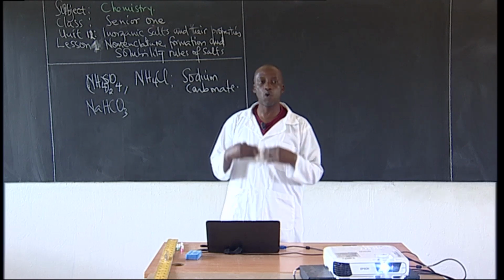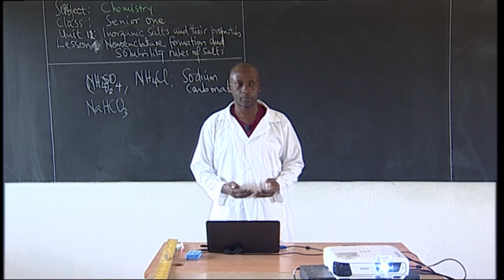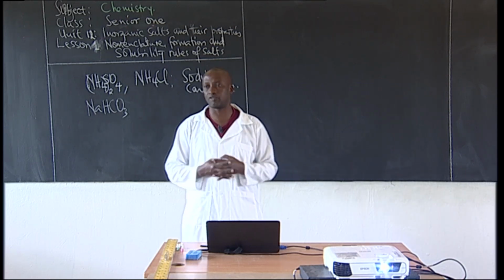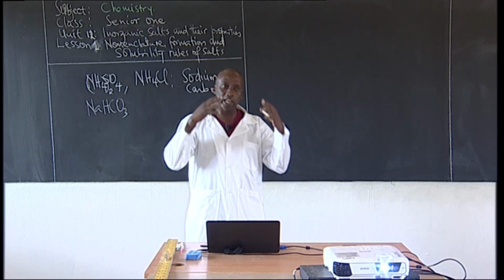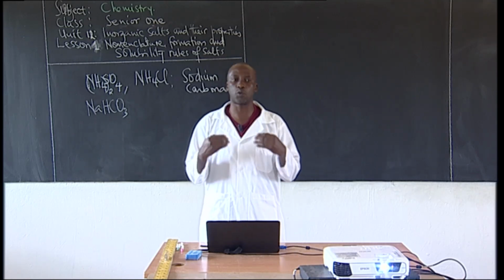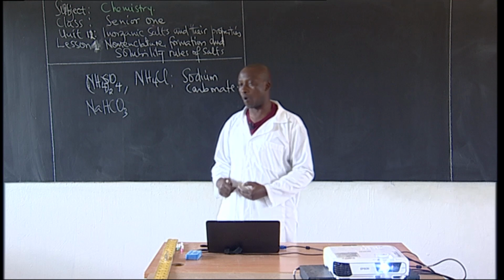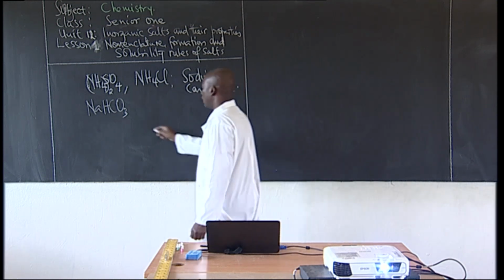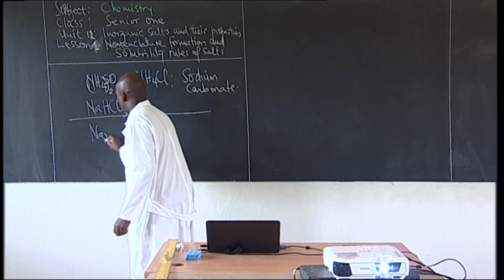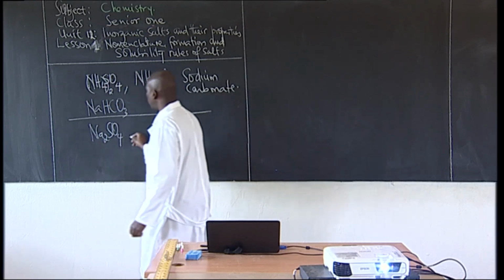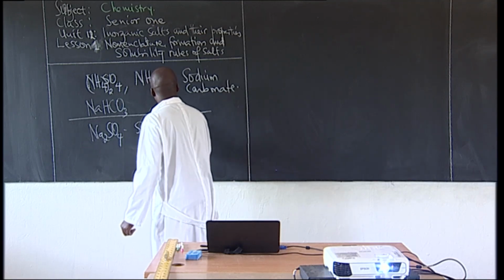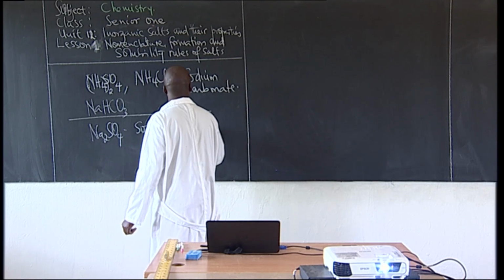Salts, how are these salts formed? Salts are named depending on the acid they are derived from. So when we are naming these salts, we need to know the acid from which they are being formed. For example, if I say sodium sulfate, so we have sodium and then we have the sulfate.